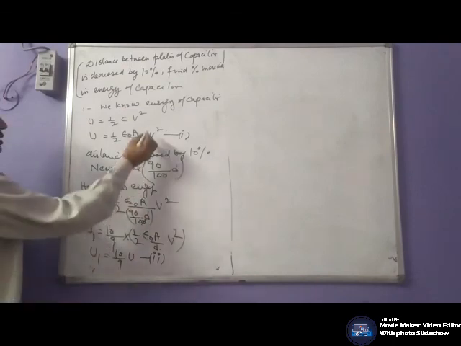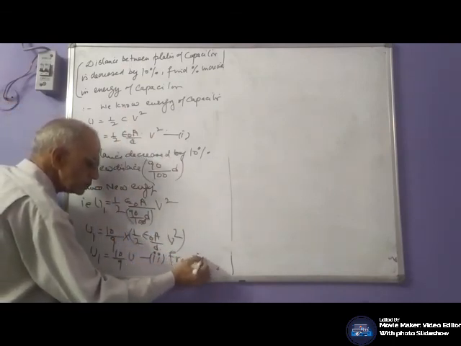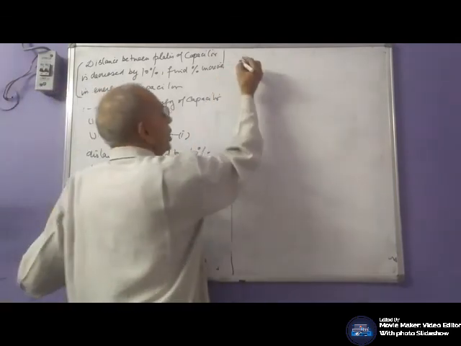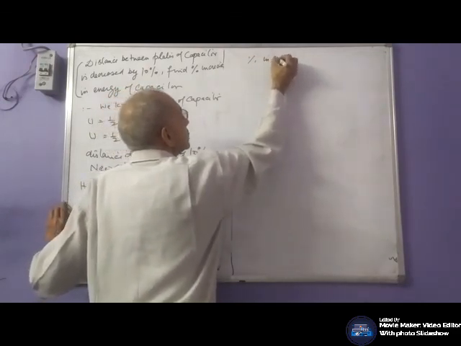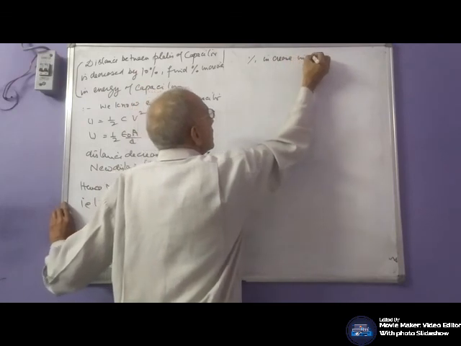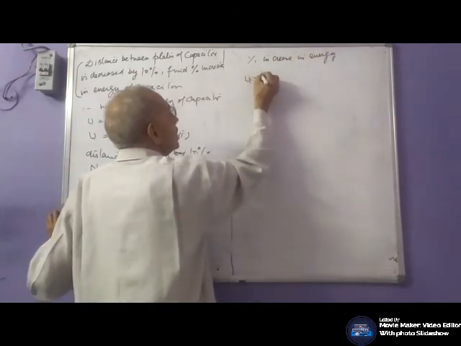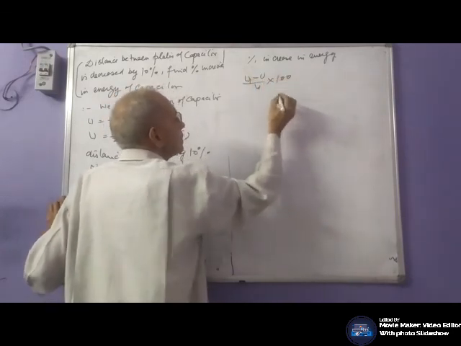Where did I write this from? This is U from first. So what will the increase be? 1 by 9. So percentage, multiply by 100. So how to find percentage increase in energy? U1 minus U by U into 100.